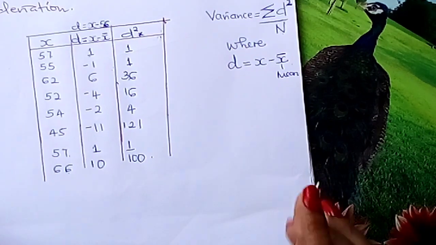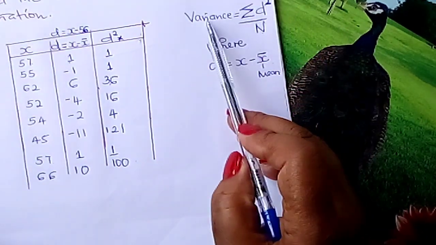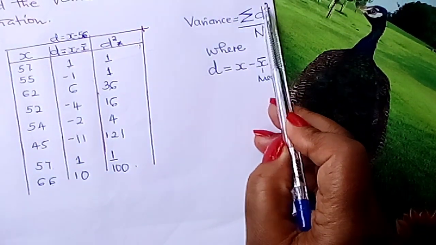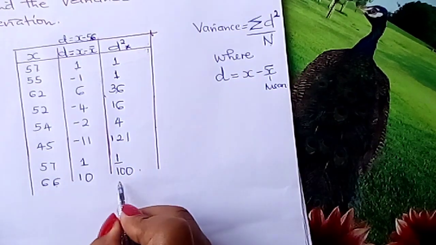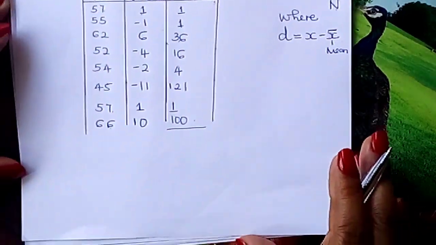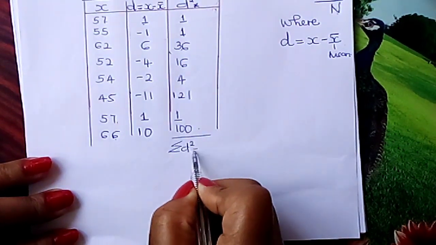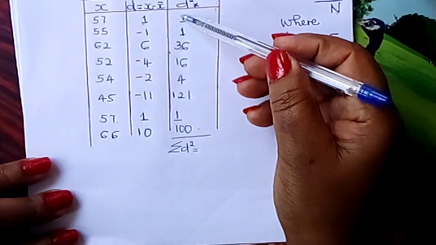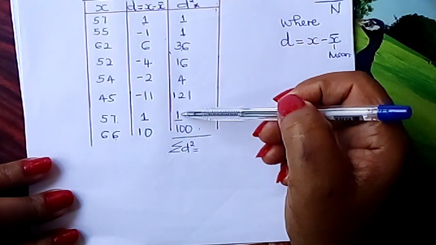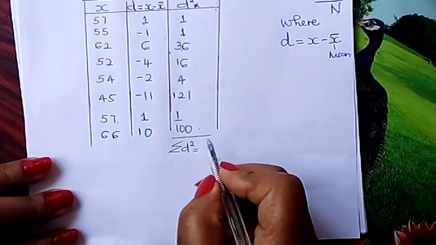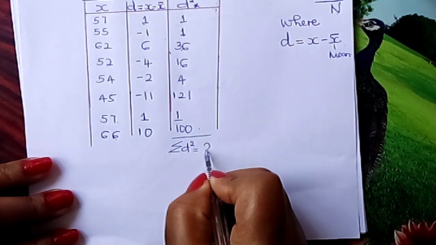From there, learner, our formula of variance, remember, is the summation of d squared over n. So we now get the sum. I can write it down here. Sum of d squared, learner. You take your calculator, you add all these, learner. Add all those, you should get 280.